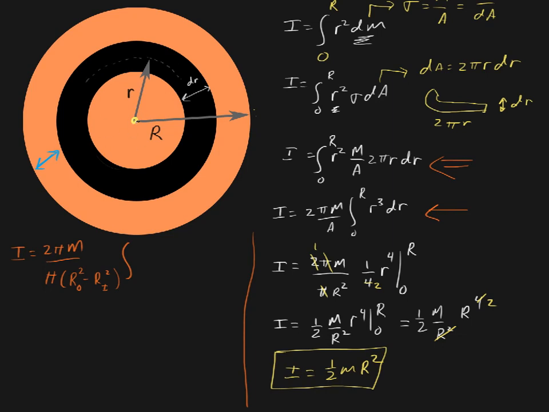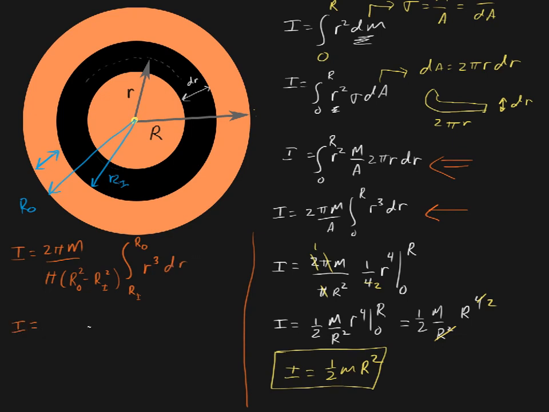And so basically we have R inner, and then we have R outer. So we're just looking at this part of the ring. And that's a constant within the problem. So we have the integral now going from R inner to R outer of r cubed dr. So this is a little r, that's going to be cubed times dr.